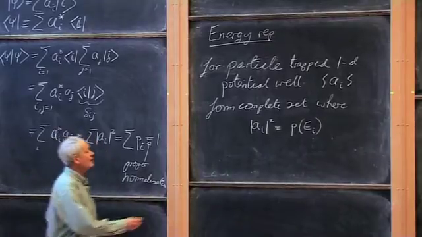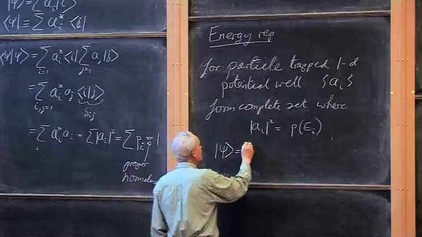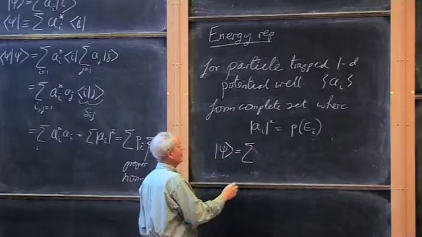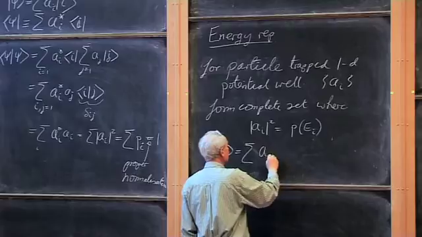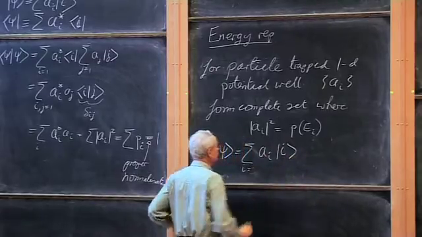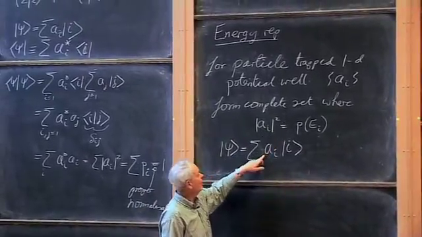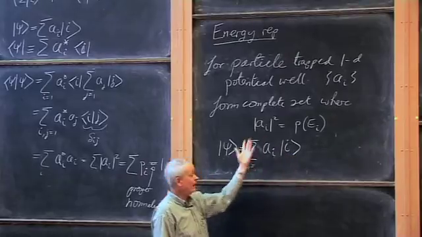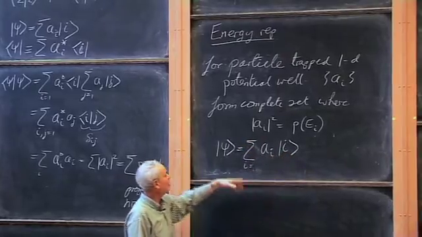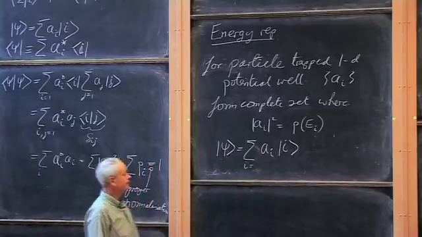Now, let's write that psi, the state of our system, given some basis, is equal to the sum over i of A_i |i>. So out of these complex numbers, which we know, and some basis, any basis, we can write a symbol like this.